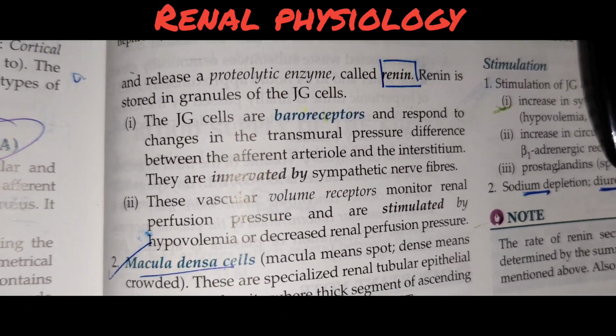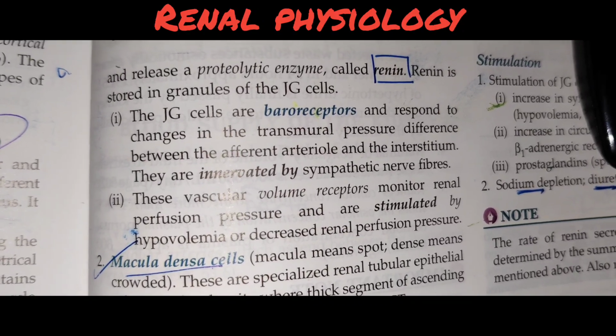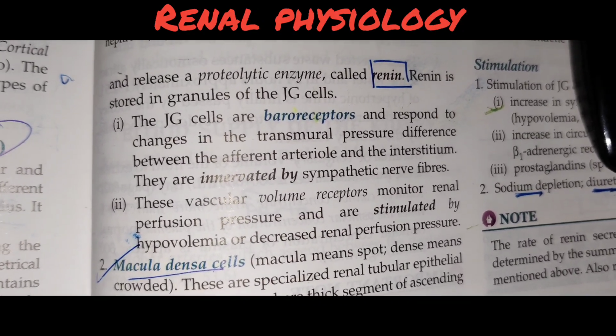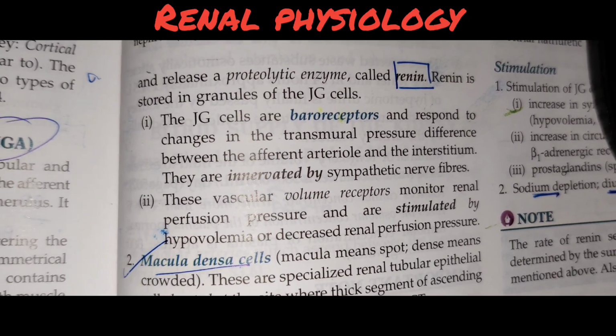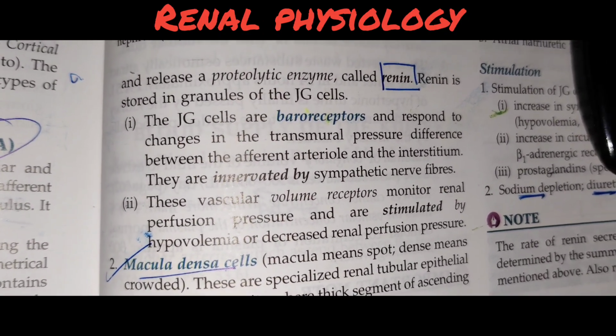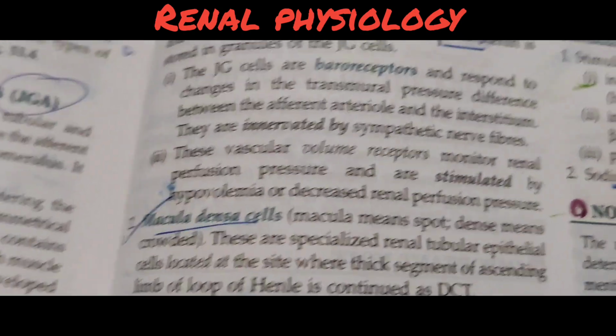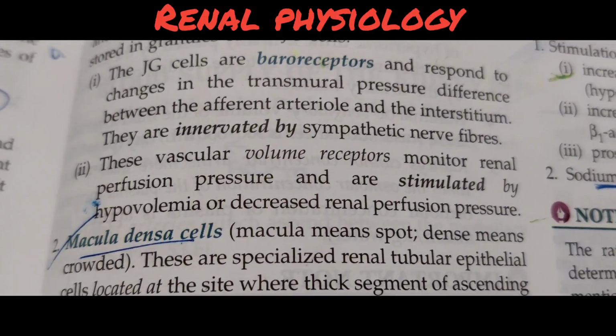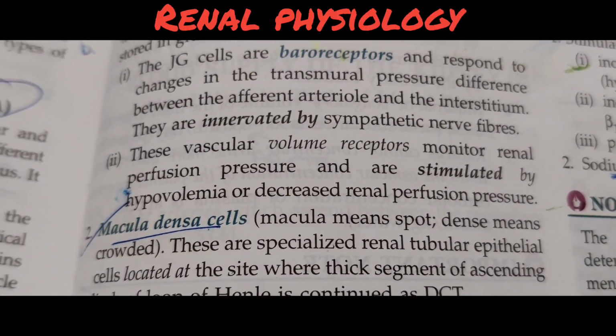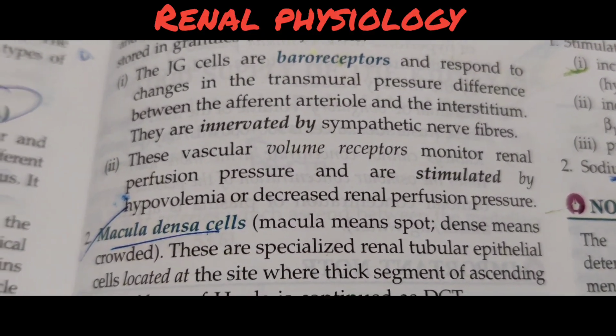They are innervated by the sympathetic nerve fibers. So we need to remember that if sympathetic innervation is given, they will release renin. These juxtaglomerular cells are stimulated by hypovolemia or decreased renal perfusion pressure.